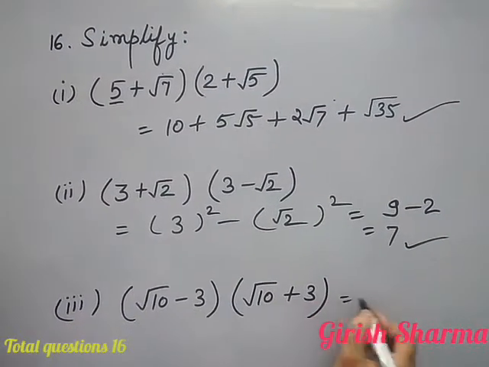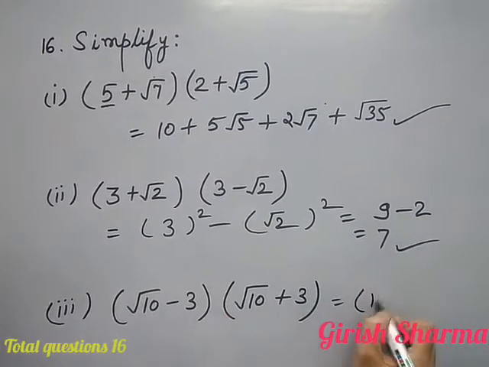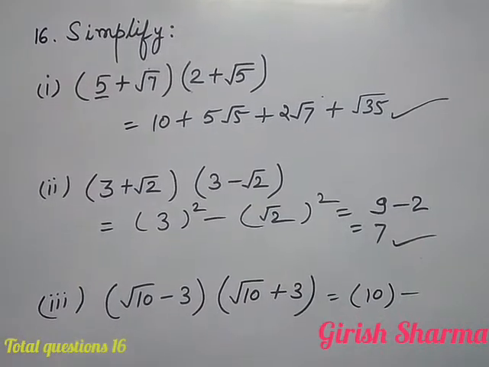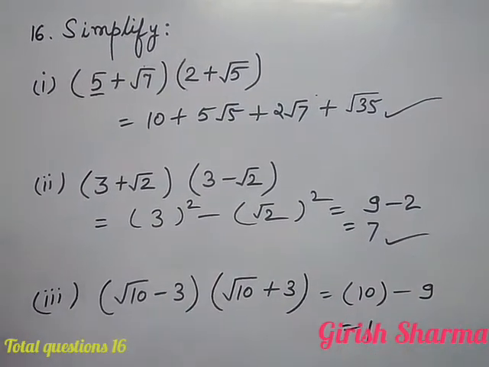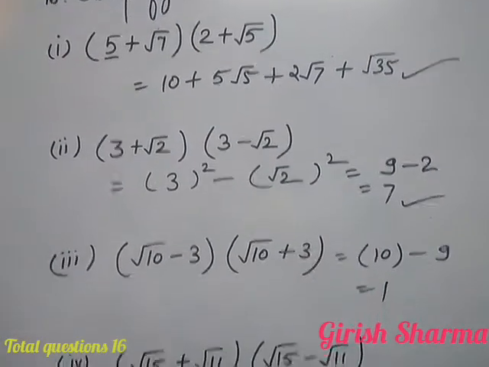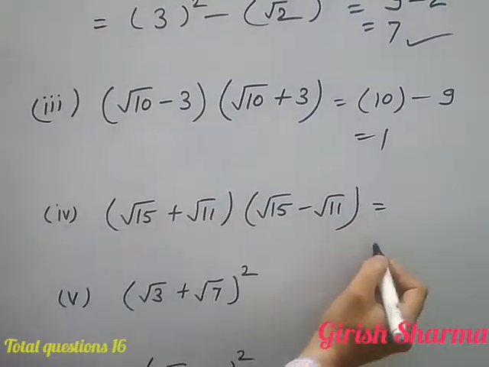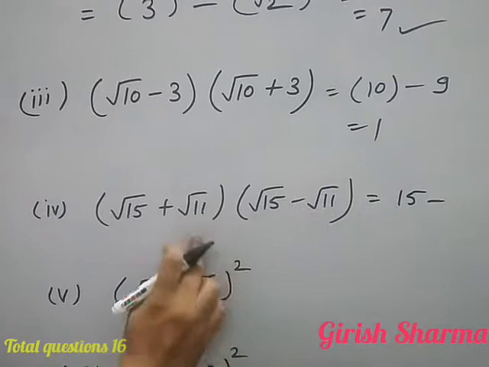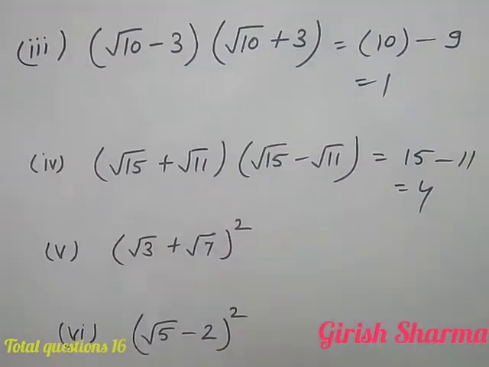Similarly, root 10 square is 10 minus, a plus b, a minus b, 3 square is 9. You can write directly, fast. In this one, a plus b, a minus b again. Root 15 square is 15 minus root 11 square is 11. This is your 4. So you can do it fast.